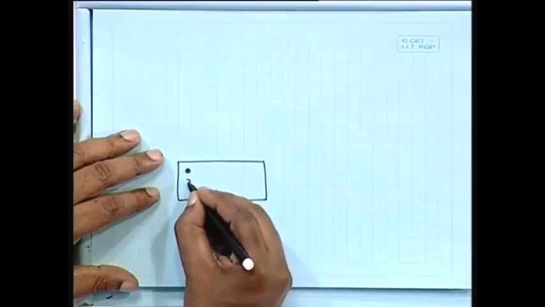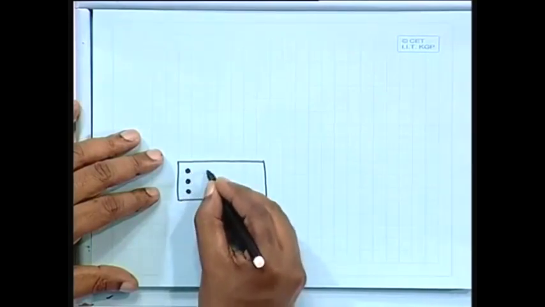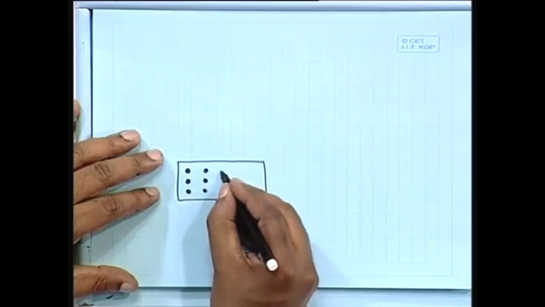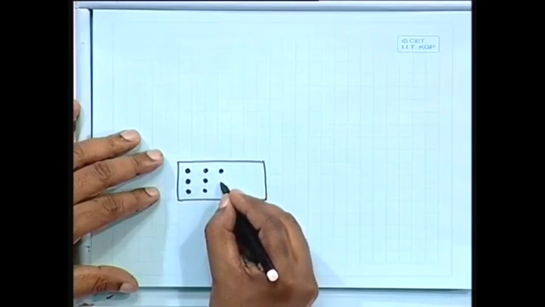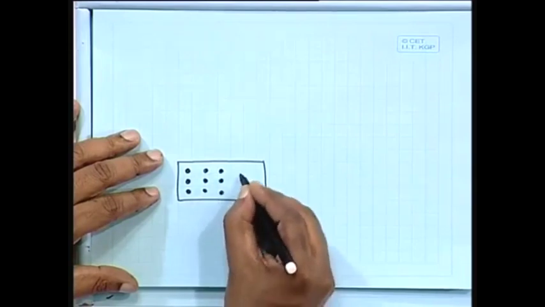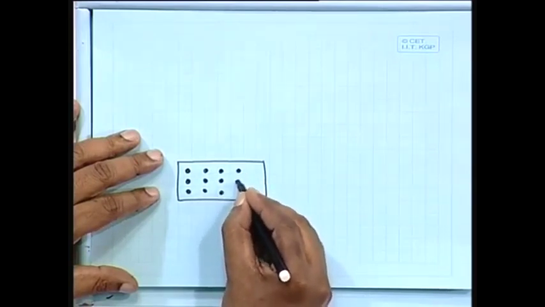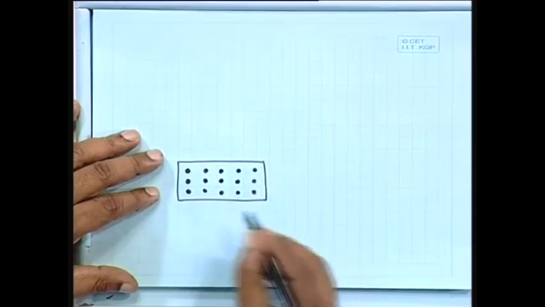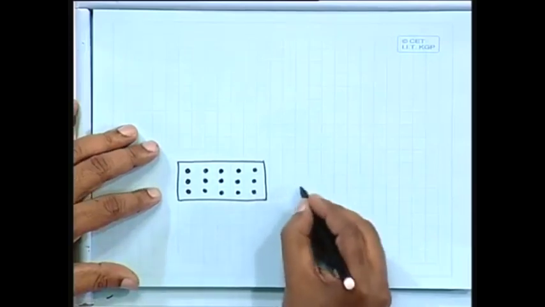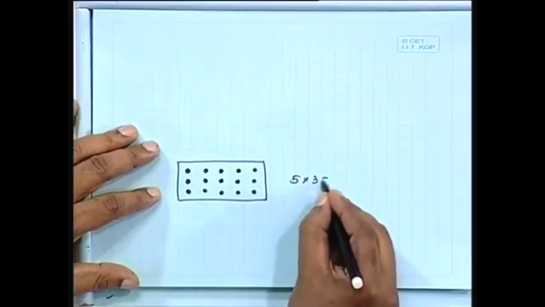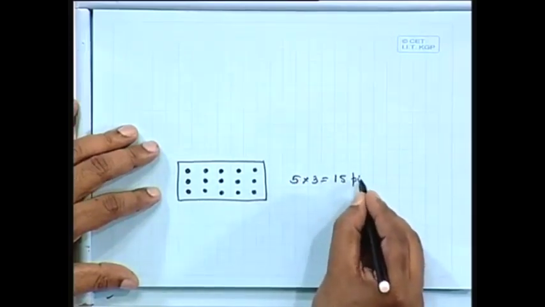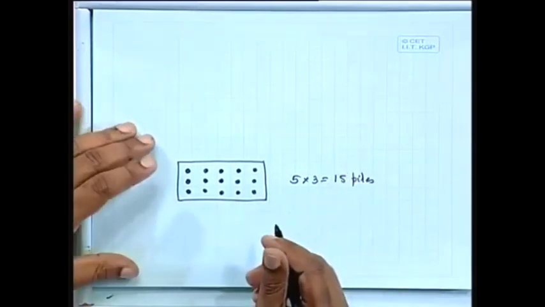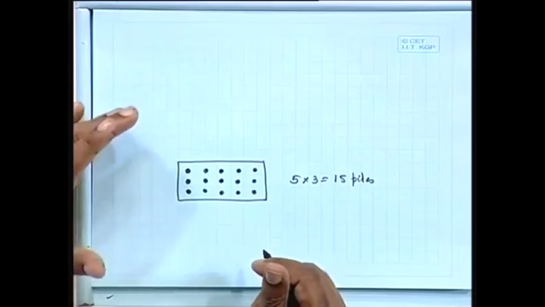So let us say we are providing piles of 3, 5, so there are 5 into 3, 15 piles, maybe 20 meter long, 10 meter long, those piles.